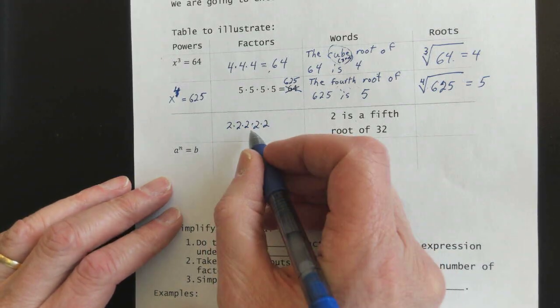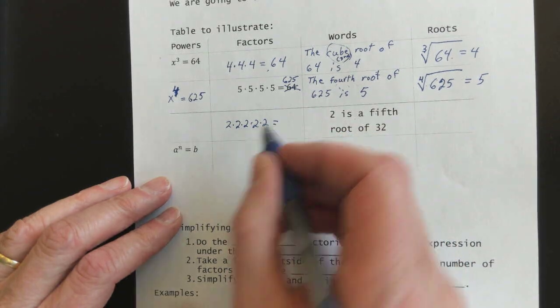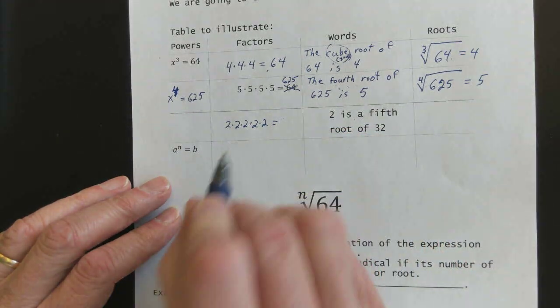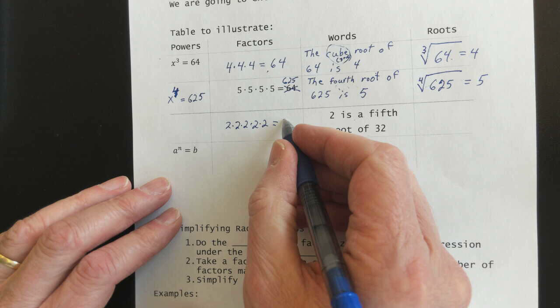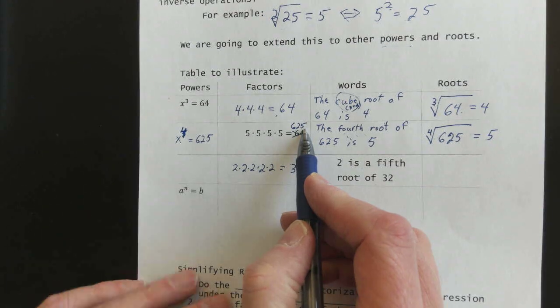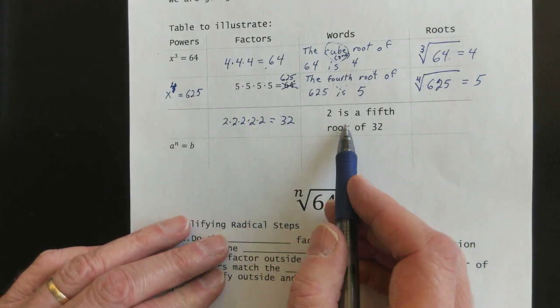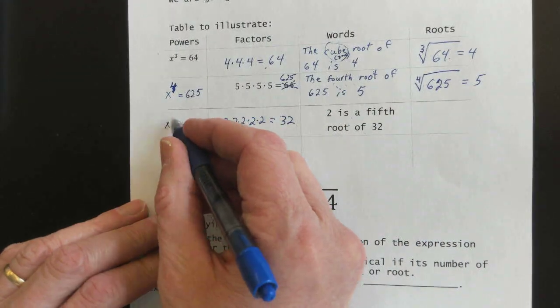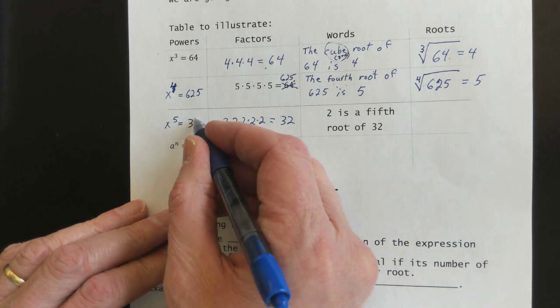Okay, good. I got 5 of them. I think you said 5. Equals what? 32. It does. And we could take it from here, although you've got to be careful because sometimes somebody didn't put the right number in. But, okay, so x to the fifth power is 32.